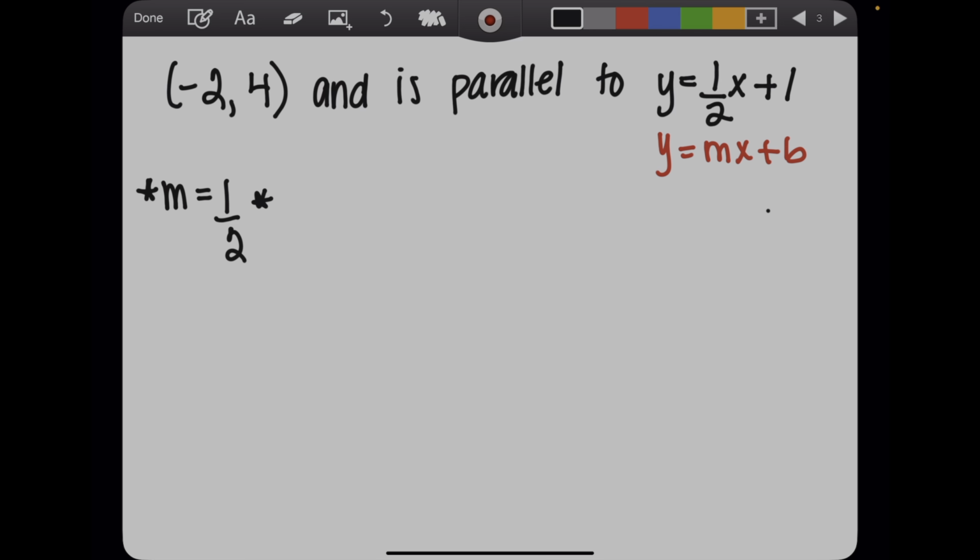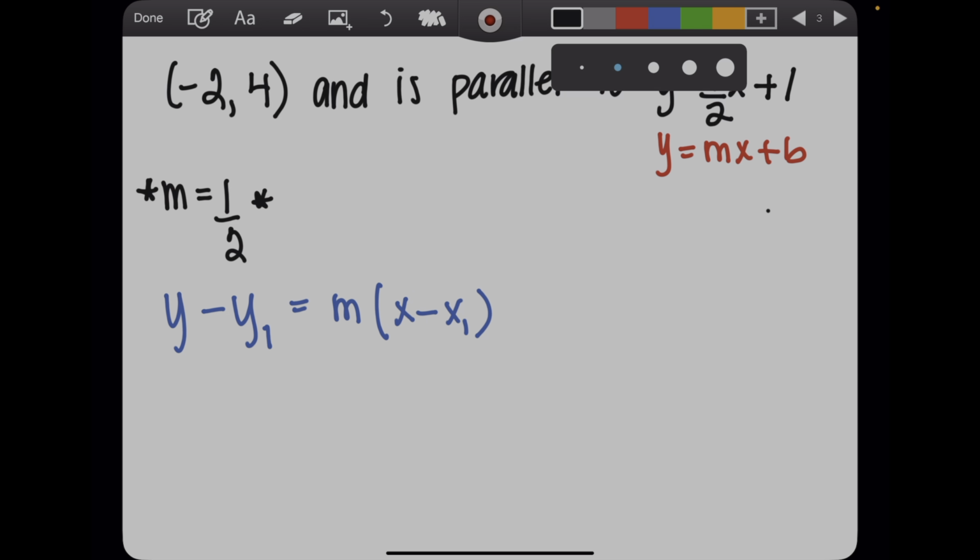Now, we have to use the point-slope form of the line equation. Let's copy that in blue. So it would be y minus y sub 1 equals m times x minus x sub 1, where the values of y sub 1 and x sub 1 are points.